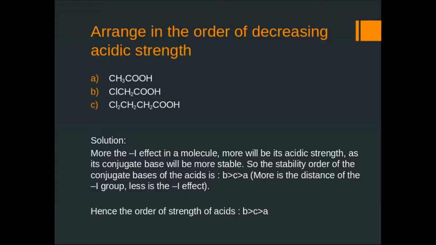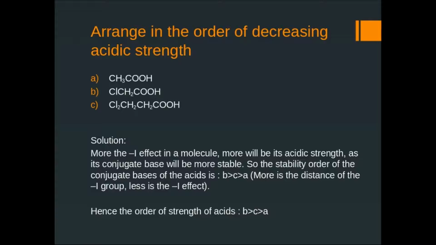I am explaining it once more. In dichloropropanoic acid, as you know, the inductive effect decreases over distance. The two chlorine atoms are on the third carbon from the carboxylic acid group carbon.